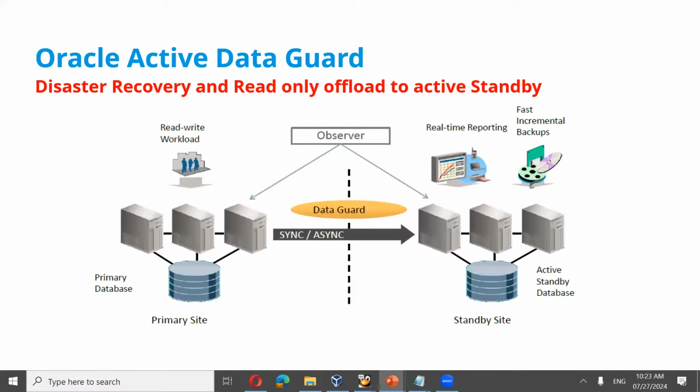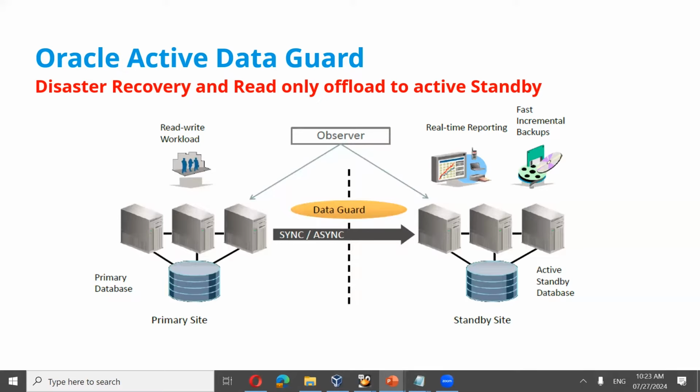Oracle Active Data Guard, when we talk about disaster recovery, is a disaster recovery and read-only offload to an active standby. You have a primary site and a standby site. Whatever transactions or real-time data are loaded on your source database will be synchronized to the target database using Data Guard.